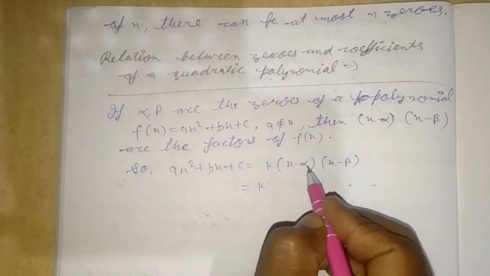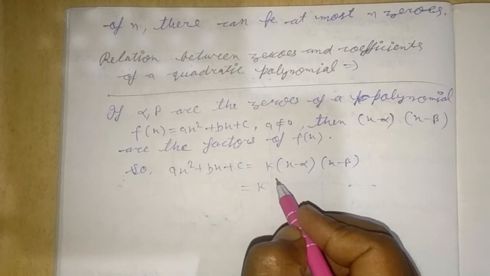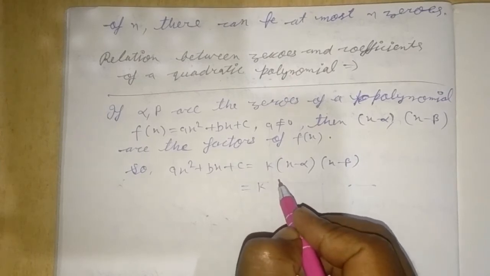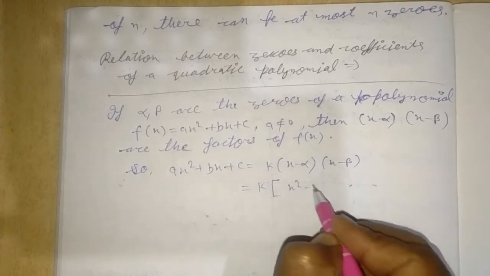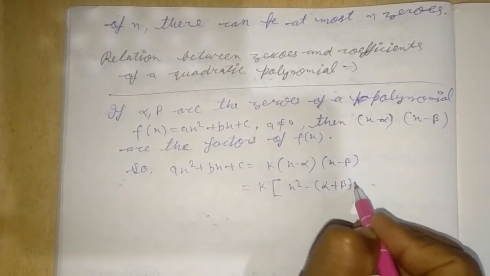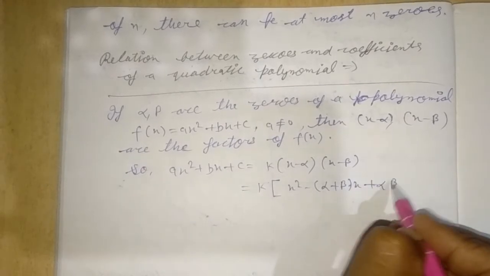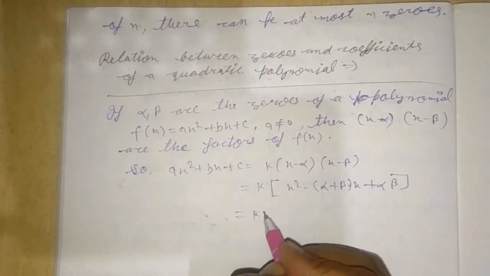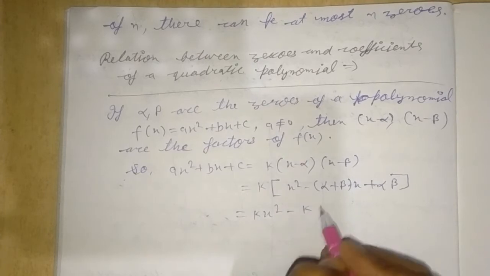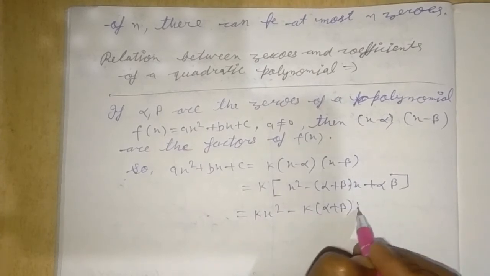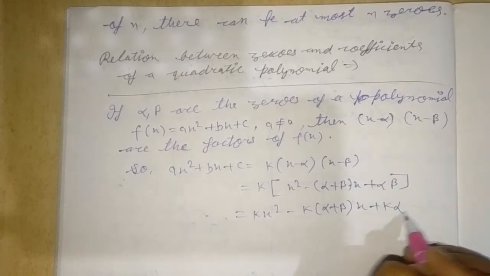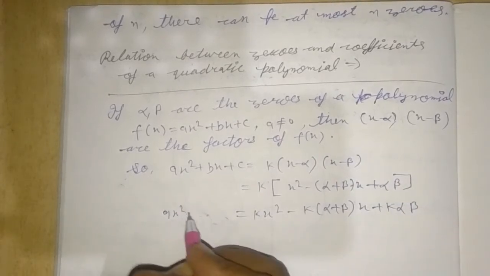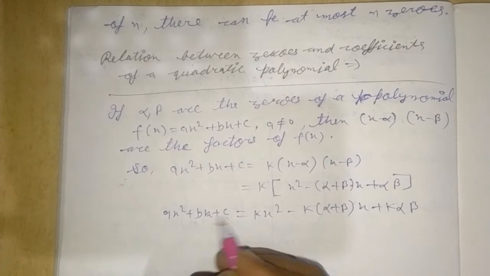Now multiply x minus alpha and x minus beta. When you multiply, you will get x square minus (alpha plus beta)x plus alpha beta. Okay, now multiply k by these three terms, you will get k x square minus k(alpha plus beta)x plus k alpha beta. Okay, also write here on the left side.